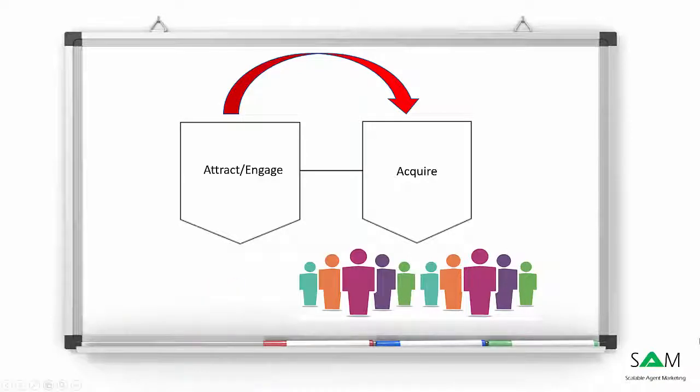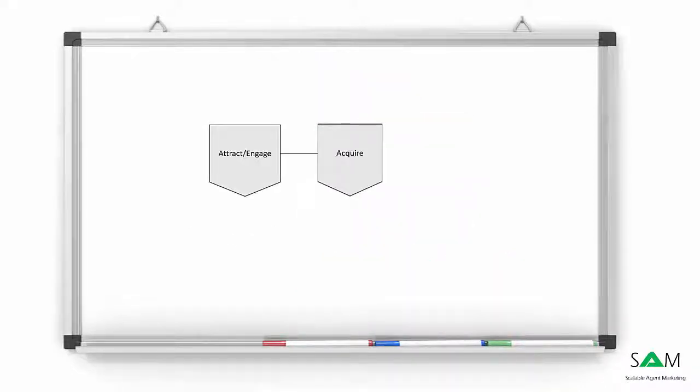Now, the automation doesn't stop here because it really gets even better. So let me show you exactly what that means. Okay, so here again, the prospect is attracted to your ad, so they engage with the ad.